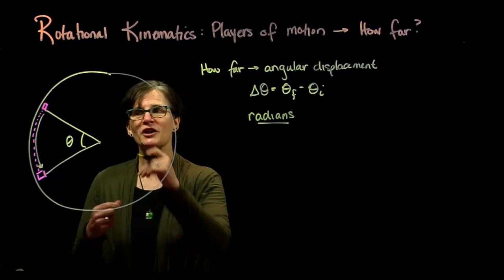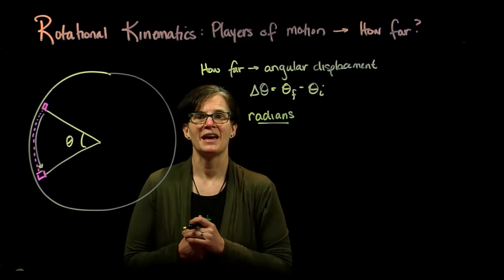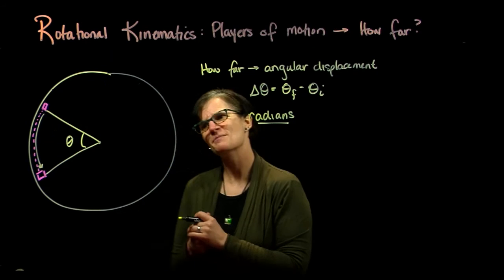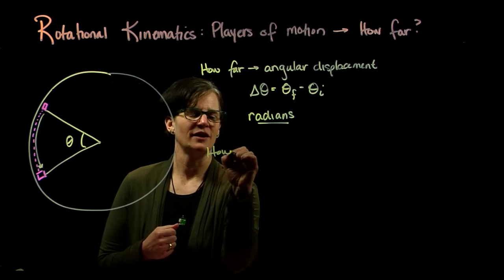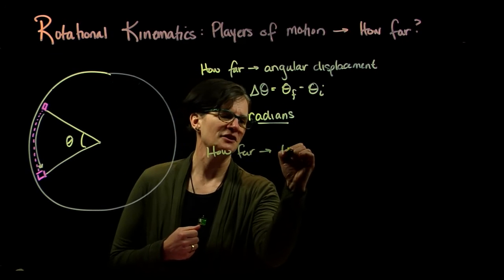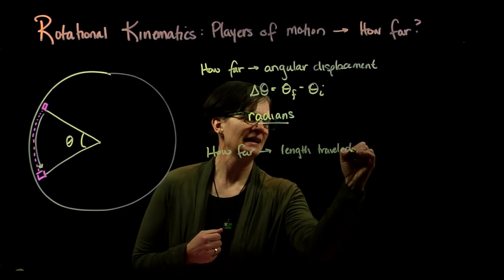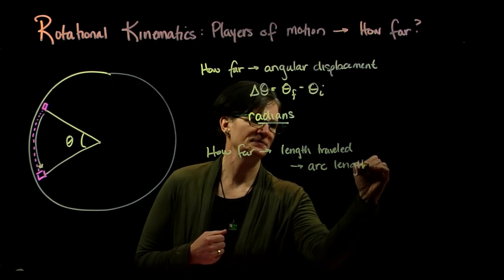We can also talk about how far in terms of the length that it traveled from one point to another, and that might look familiar from a geometric standpoint. That is our arc length.